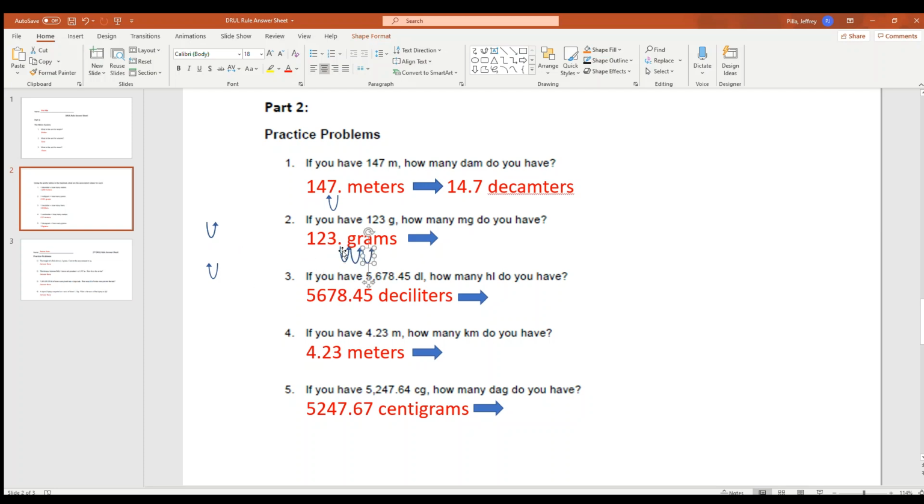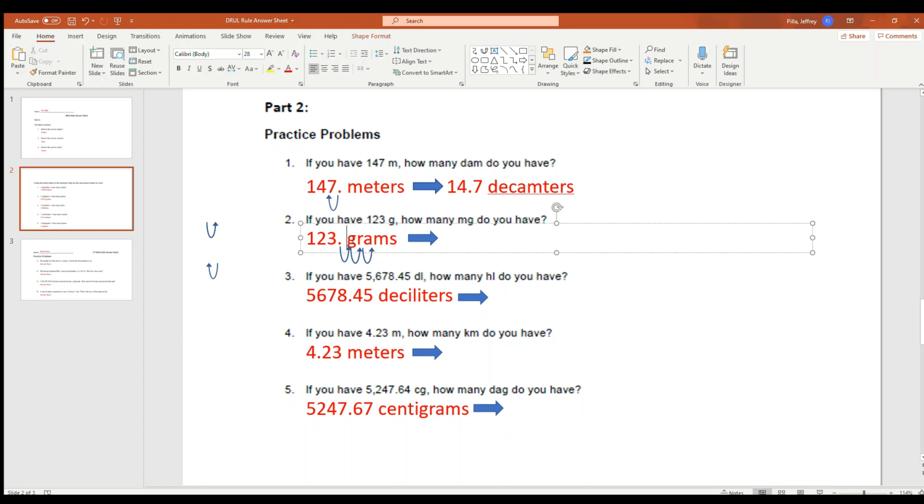Well, hold on a sec here. This is something that's different. There's no numbers there. How are you going to move the decimal place over to the right when there's no numbers? If you remember from the notes, every time you move the decimal place to a position where there's no numbers, you're going to add a 0.